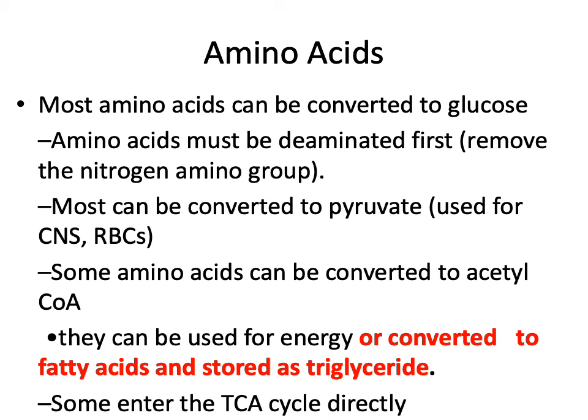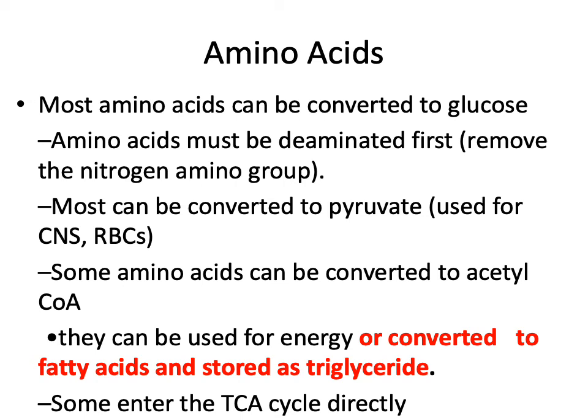Now this says most amino acids. I would say many amino acids can be converted into glucose, but before that can take place, they have to be deaminated. In other words, the amino group has to be removed.